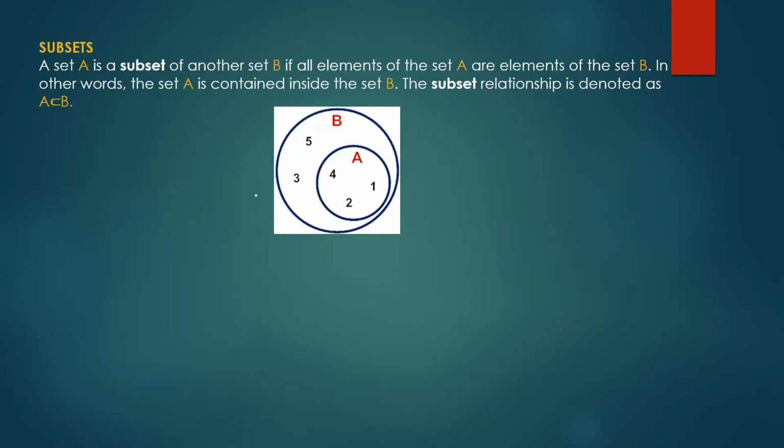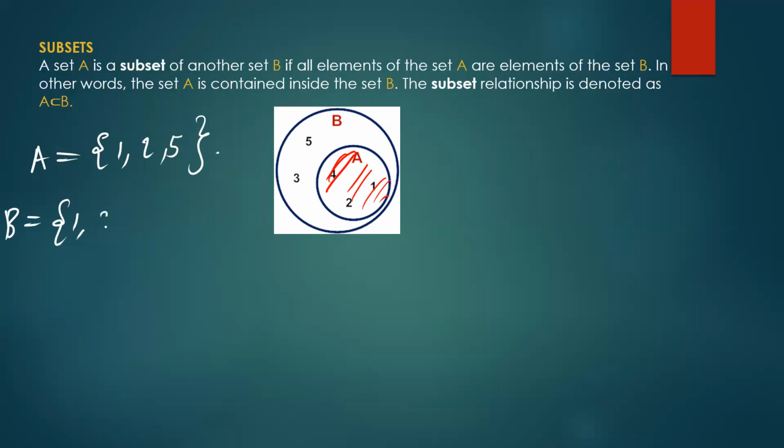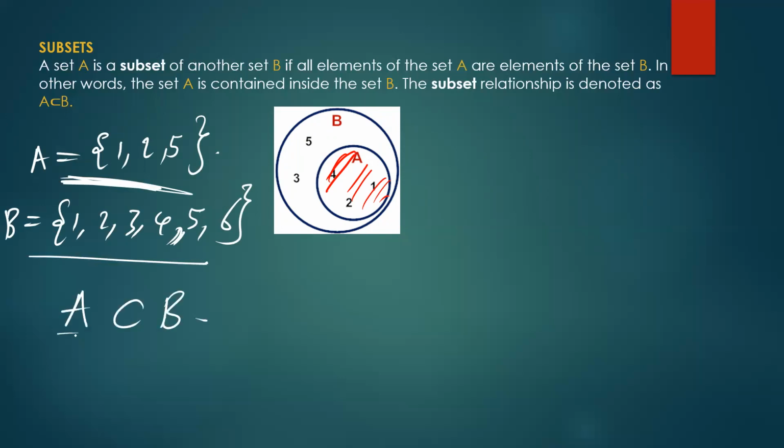So what they mean is that for set A to be a subset of B, it means that all the elements that are in set A are also part of set B. If you have set A as 1, 2, 5, and you have set B being equal to 1, 2, 3, 4, 5, 6, then as long as all the elements that are in set A are also present in set B, we say set A is a subset of set B. Because we have 1 there, 1 there, 2 there, 2 there, 5 there.